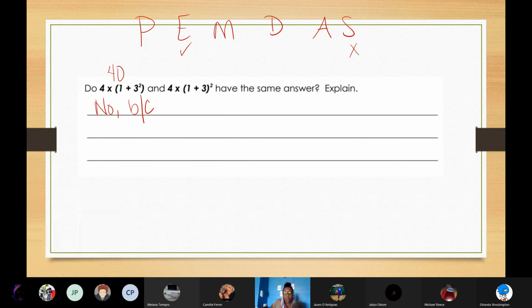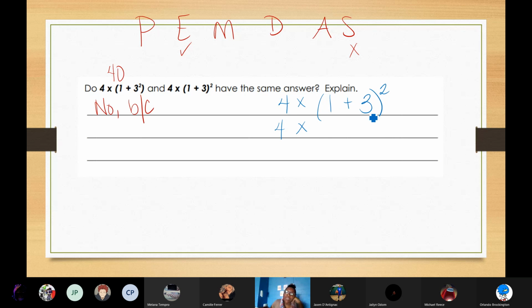With this one, we've got our exponent in a different place. All the same numbers, but the location of my exponent makes all the difference. Here, 3 was my base number. Here, the sum of these numbers is going to be my base number. So let's work what's inside those parentheses first.